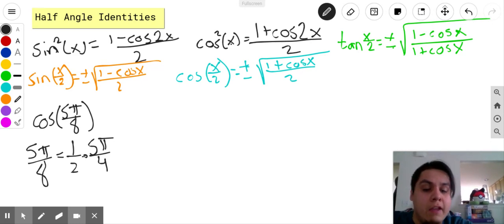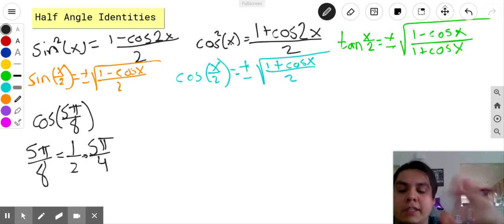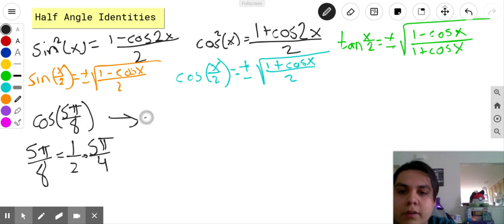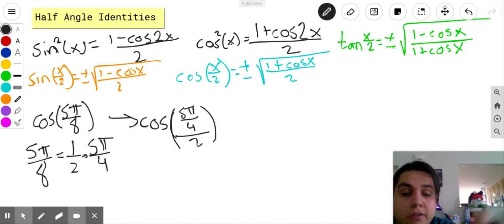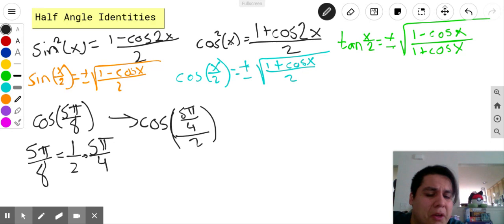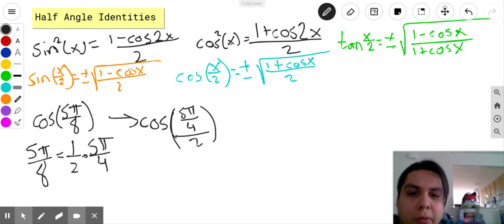If I do this, I should be able to set this up and say this is the same as cosine of (5 pi over 4) divided by 2, just to make it super clear what the x value is. You don't have to do that specific step; that's just for you to see where I'm going with this.